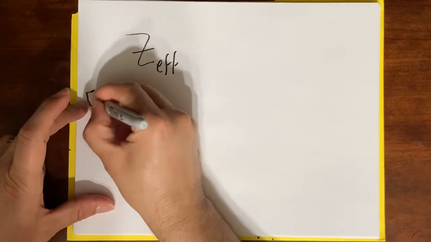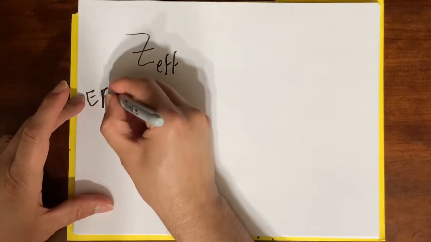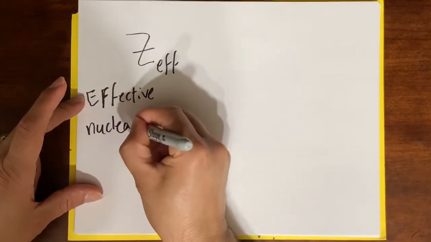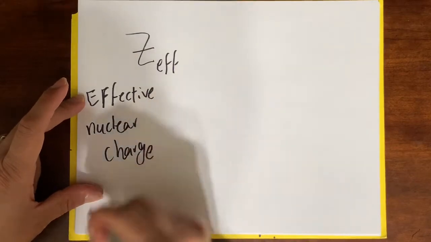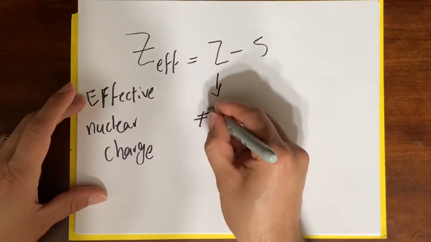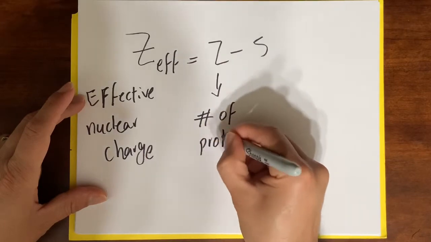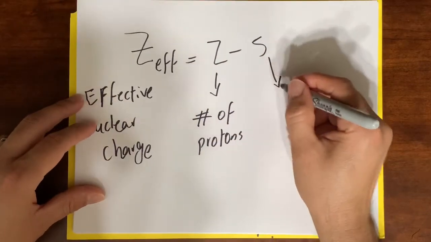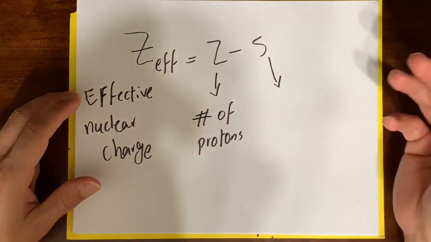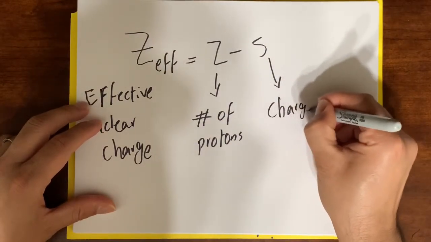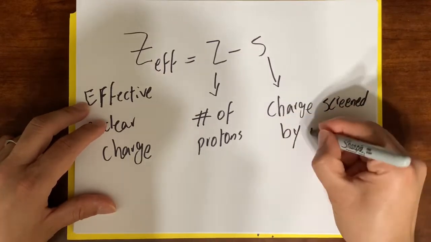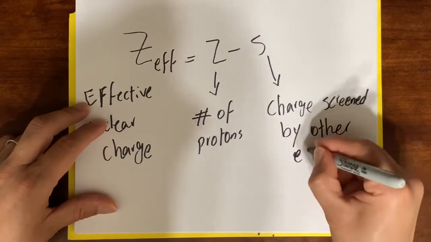Effective nuclear charge is equal to Z minus S. Z is the number of protons, and S we say is shielding electrons, or for now you can call it charge screened by other electrons.